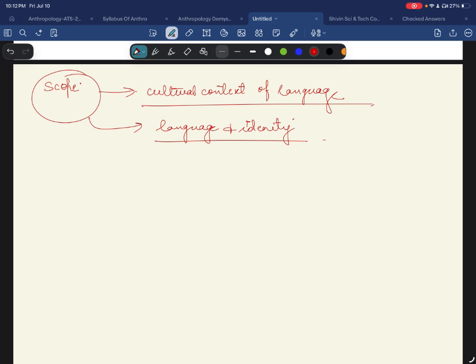If I speak Dogri, they'll immediately guess that I'm from Jammu, right? And if I'm from Kashmir and I speak that language in Telangana, people of Telangana will immediately recognize from my language that I am from Kashmir. So what I'm trying to say is that language simply acts like an identity for a person or a group or a tribe, right?